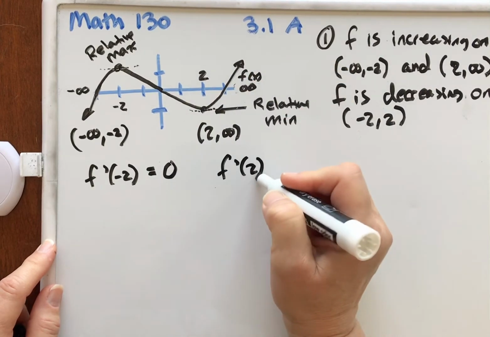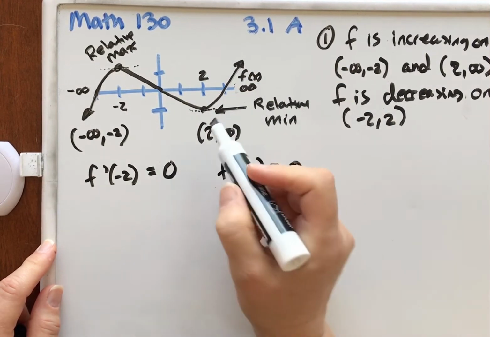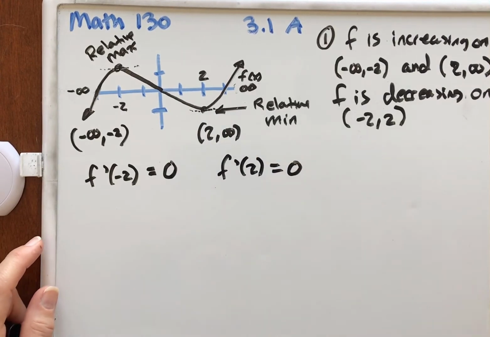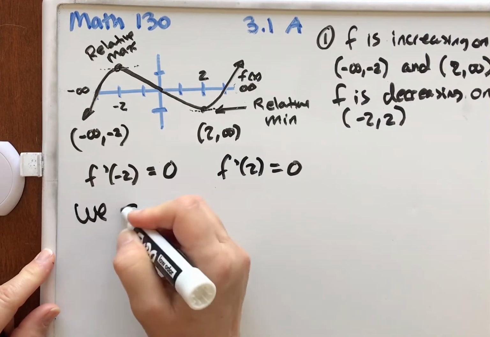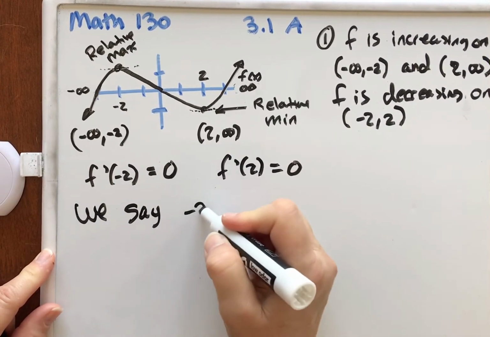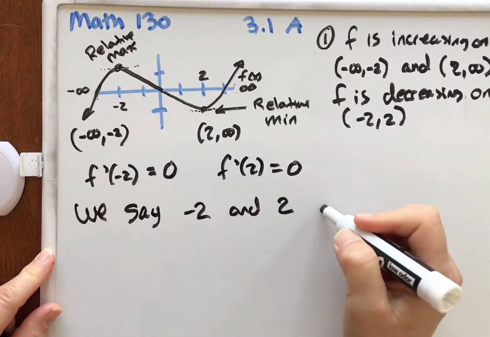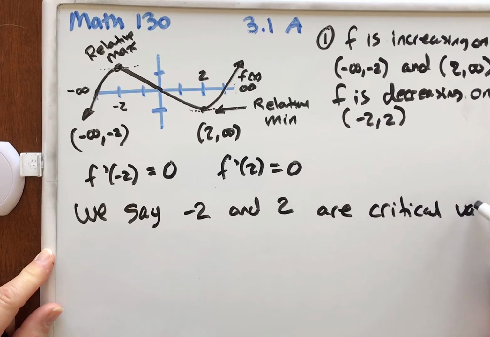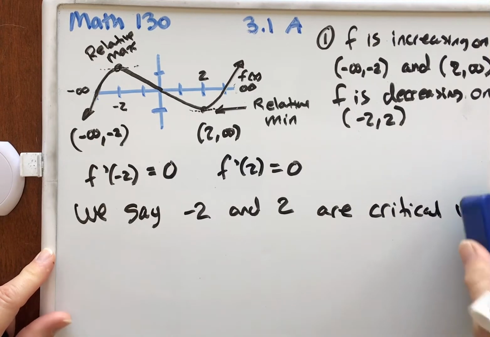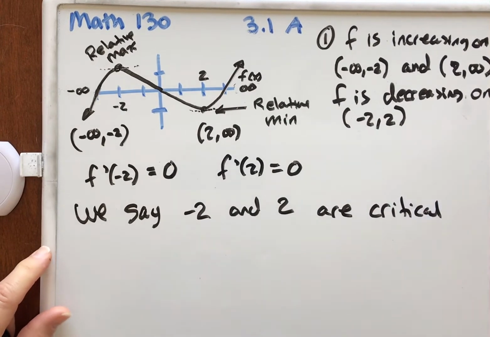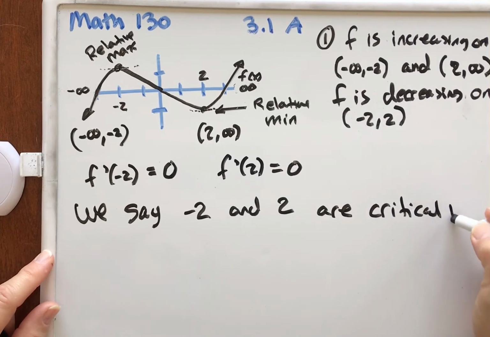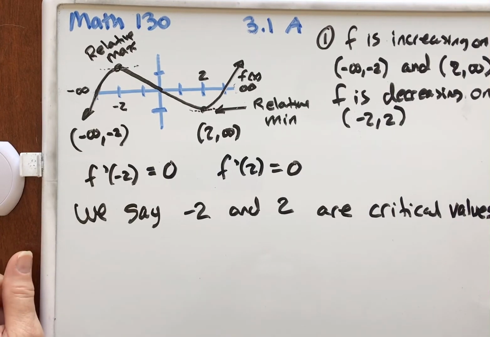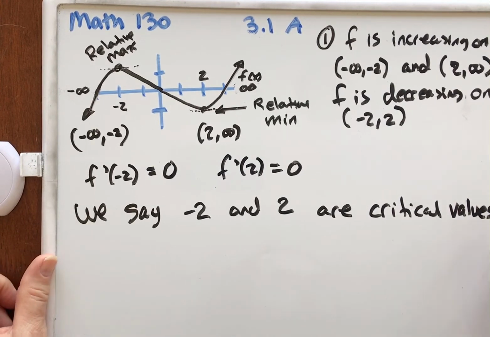F prime of 2 also equals 0 because the slope of that tangent line is 0. Okay, we say -2 and 2 are critical values. And we're going to use this a lot, critical values. This term. We say -2 and 2 are critical values.